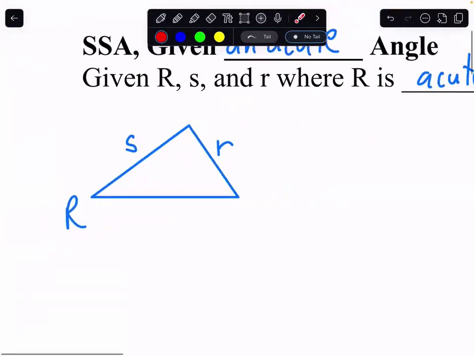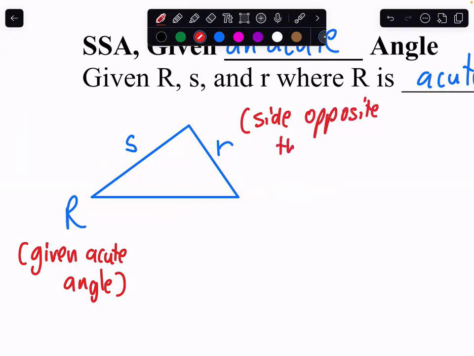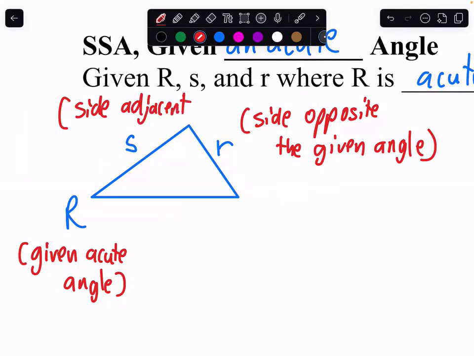So let's label: capital R is the given acute angle. Lowercase r is the side opposite the given angle. And lowercase s will be the side adjacent the given angle.